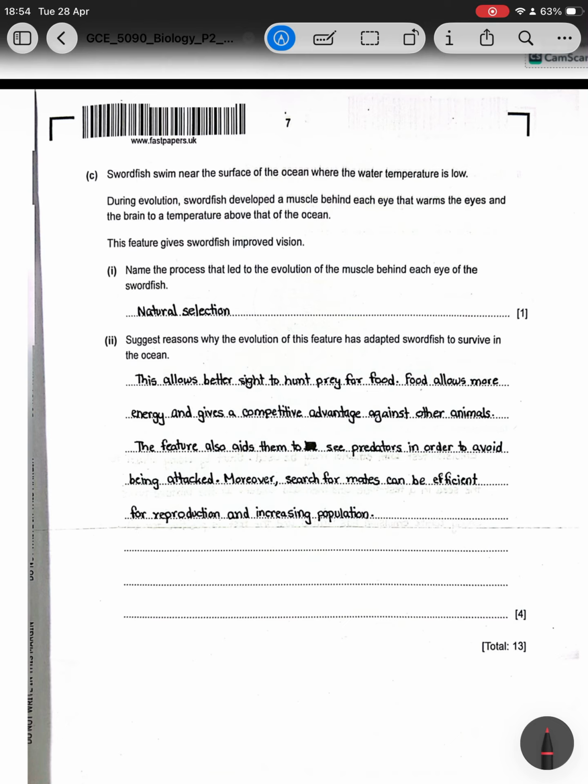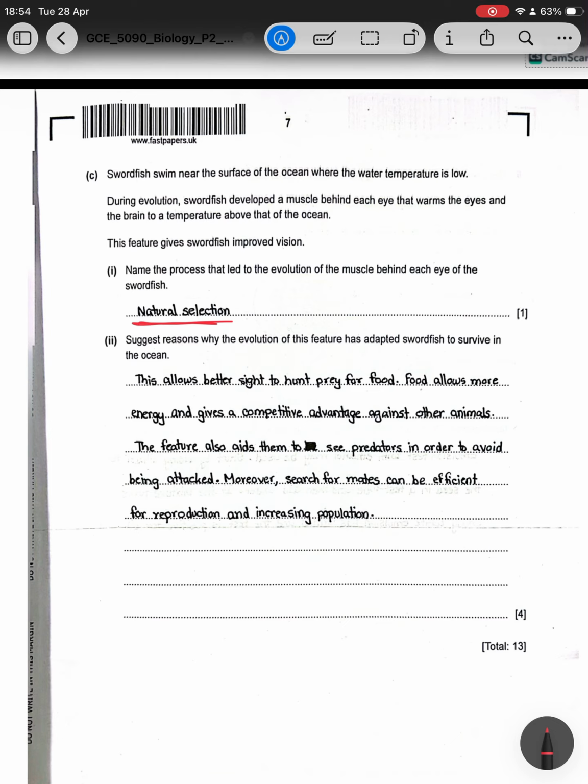Obviously, since it's an evolutionary feature, it's done by natural selection, which happens when fish with the more adaptive features mate and produce offspring which get passed on, and they evolve in that way, so they have better vision and other qualities.